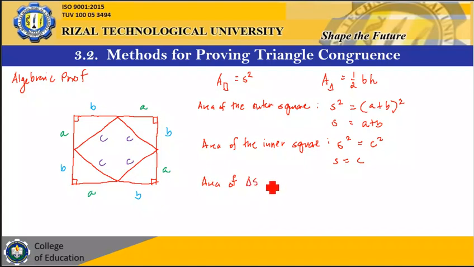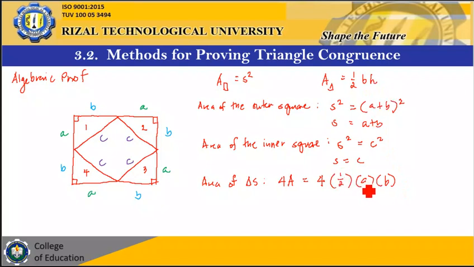Okay? And that is actually, how many triangles do we have here? We have 1, 2, 3, 4 triangles. Okay? So that is 4 times the area, and we know that the area is 1/2 of A times B, because that's base times height.